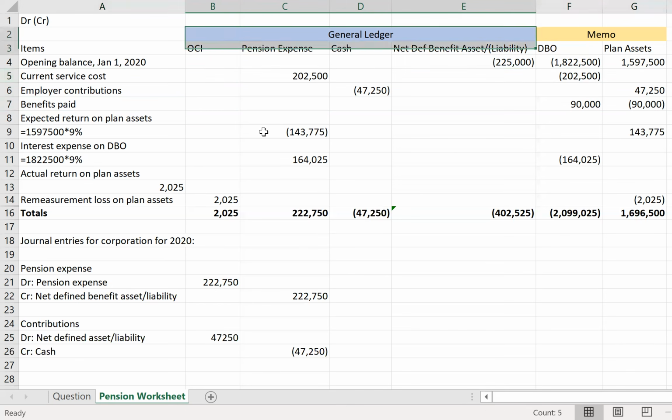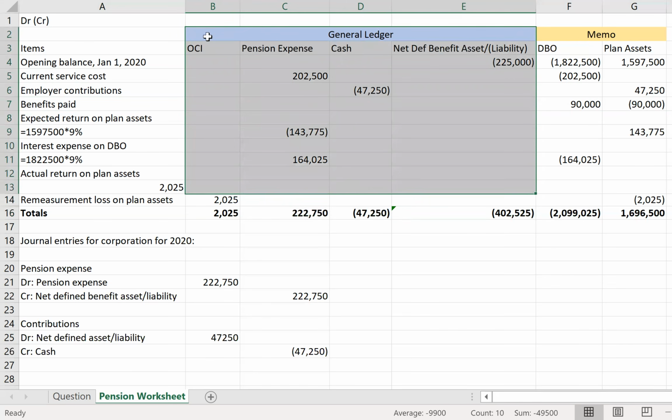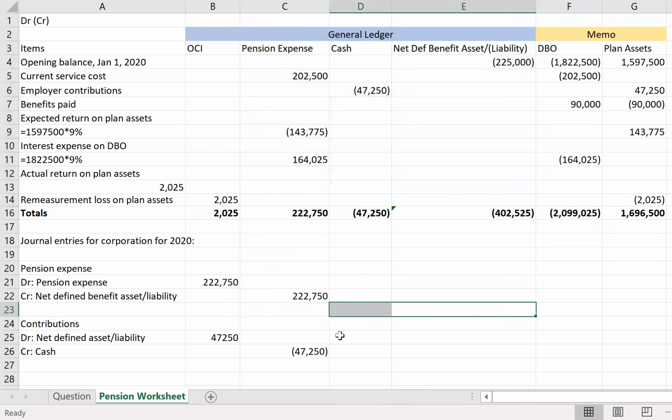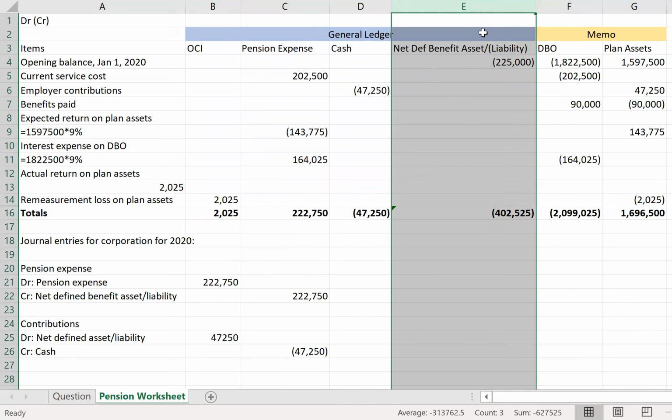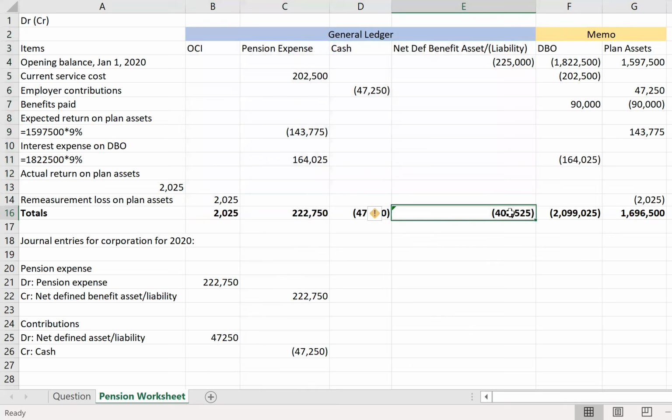Now, of course, we need all of our books and records to balance just in the corporation itself. We know our balance sheet has to balance, obviously. So when we do these entries, we are balancing through this net defined benefit obligation. The amount shown on the statement of financial position will absolutely be this 402. But the way that we record these entries is that they offset through this net defined asset and liability.